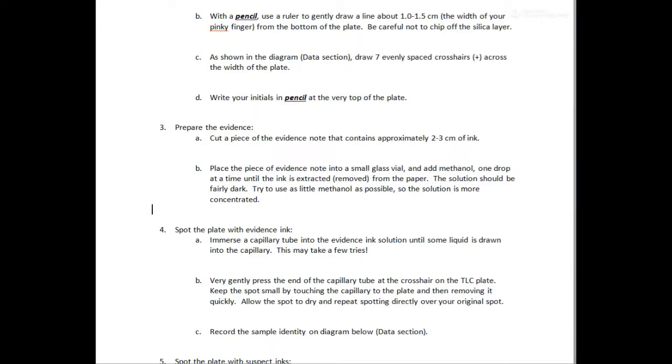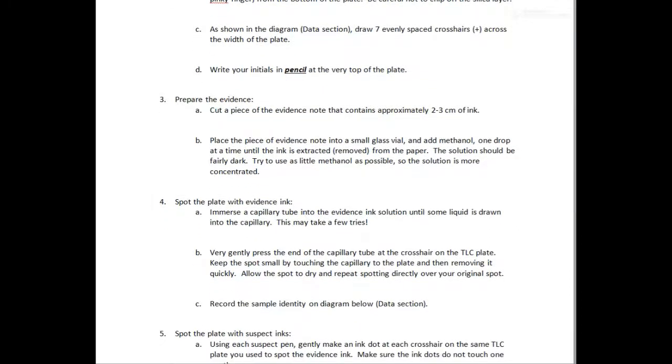You cut a piece of the evidence note that contains approximately 2 to 3 centimeters of ink and place this piece into a small glass vial. Add a bit of methanol, one drop at a time, until the ink is extracted from the paper. This solution should be fairly dark, so try to use as little methanol as possible so that the solution becomes more and more concentrated.